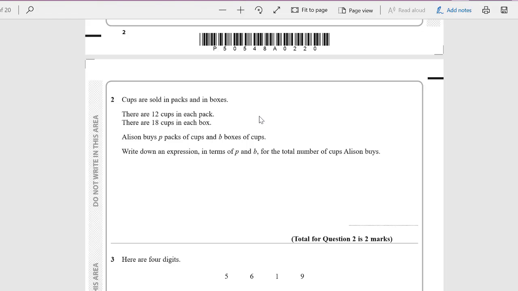So you get 12 cups in each pack, so 12p, and then you get 18 cups in the boxes. So it will be 12p plus 18b.